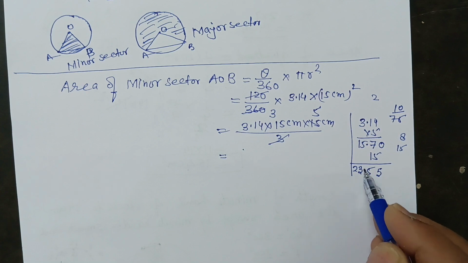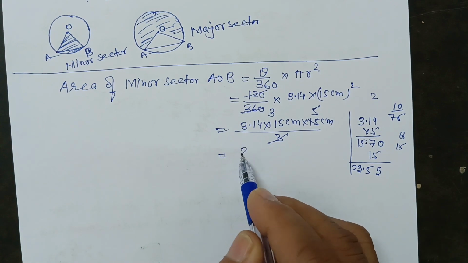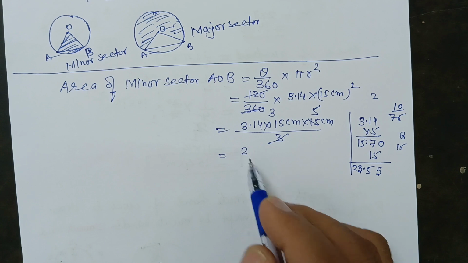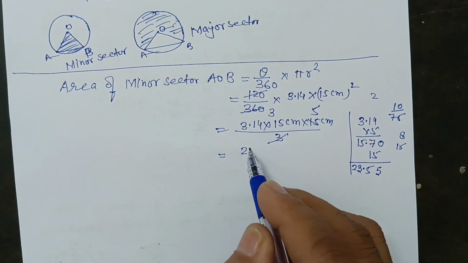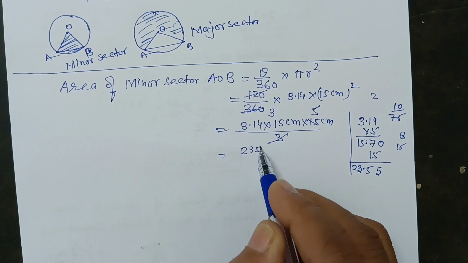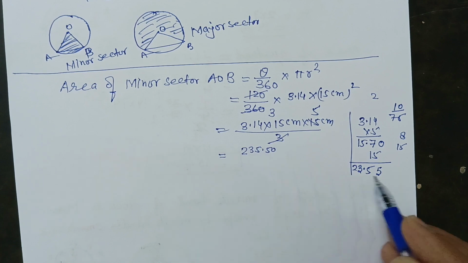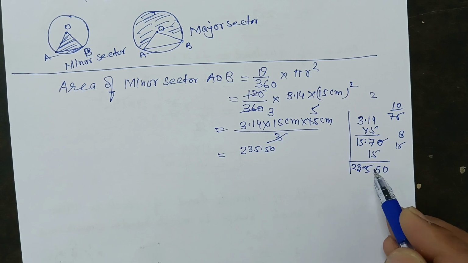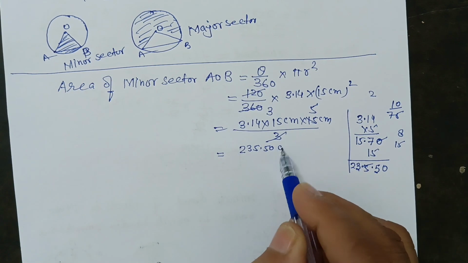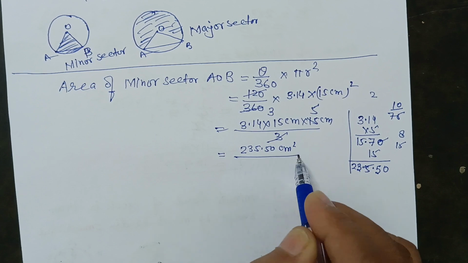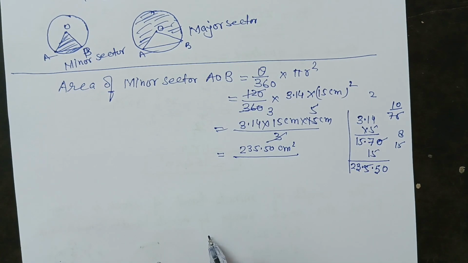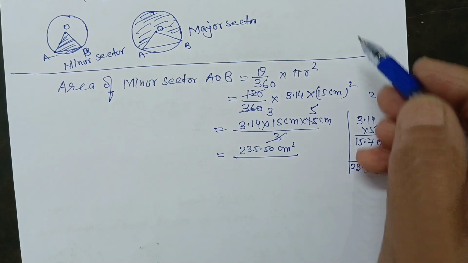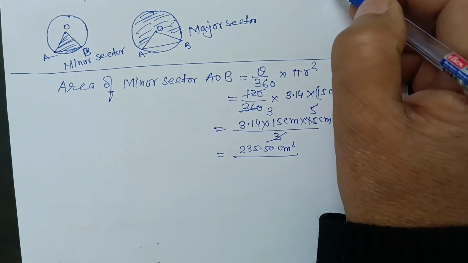Again decimal after two places. So your answer is 235.50, decimal after one place, or if you place 0 here, then decimal after two places. This is centimeter square.